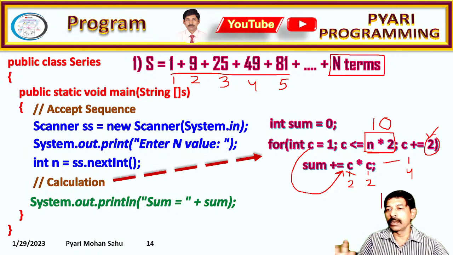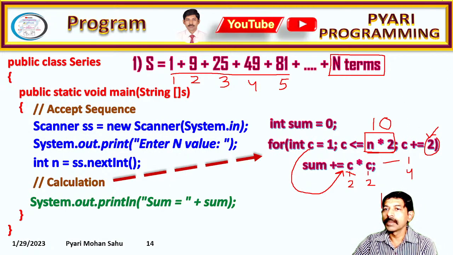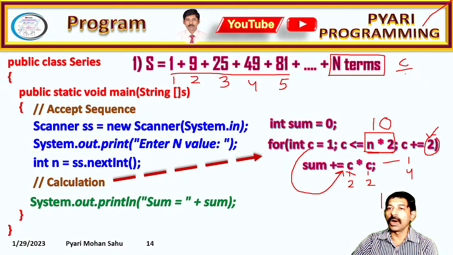Please explain again. Okay. Now let me do the dry run for this so that you can understand it. What is the C value? C value is initially 1. Now 1 is less than equals to 10. True. Now I will get inside, 1 square is your 1.